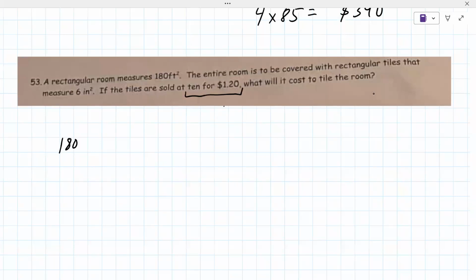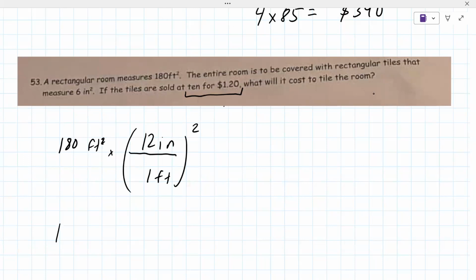So we're going to take the given quantity and convert feet to inches. So 12 inches in 1 foot, but because it's squared, we have to square this. That'd be 144 over one.